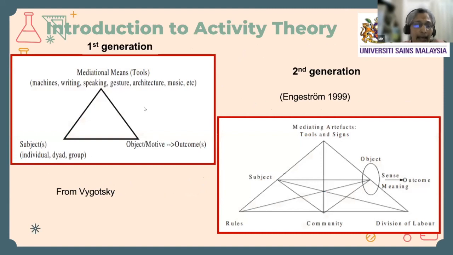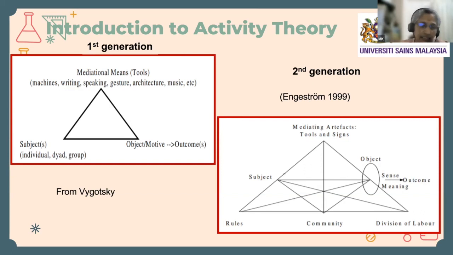The first generation of activity theory has three elements, and it was proposed by Vygotsky in the early 1930s. It says that the subject, which is mainly students, interacts with artifacts, which can be any tool, to achieve the objective of the activity. There is a motive for the students to participate in that activity.